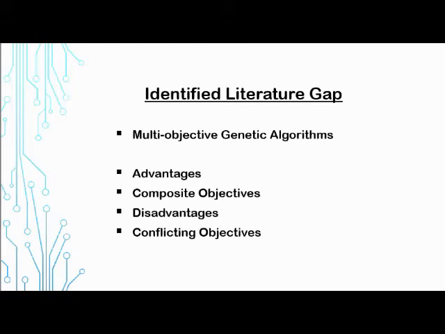However, the multi-objective genetic algorithms do not always perform optimally when faced with optimizing conflicting objectives. To the best of my knowledge, this disadvantage of multi-objective genetic algorithms has not been explored.